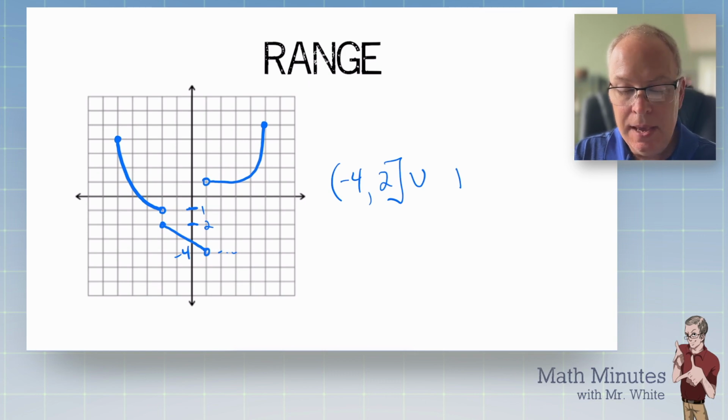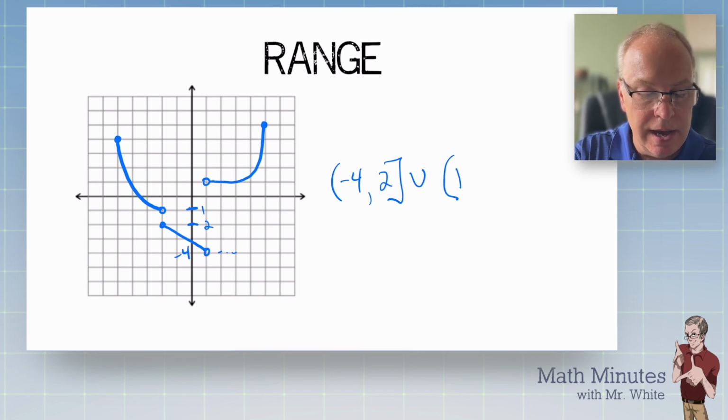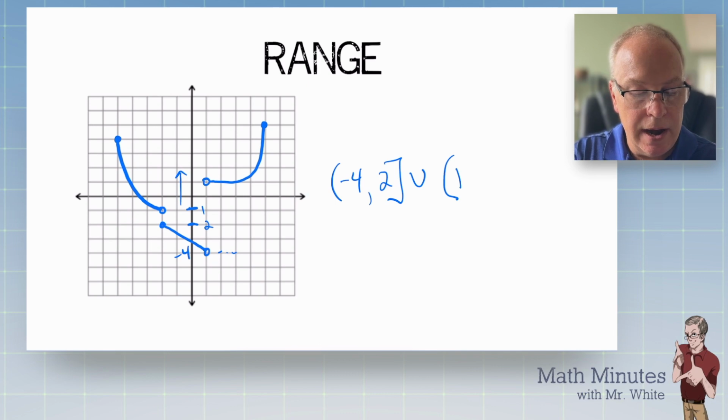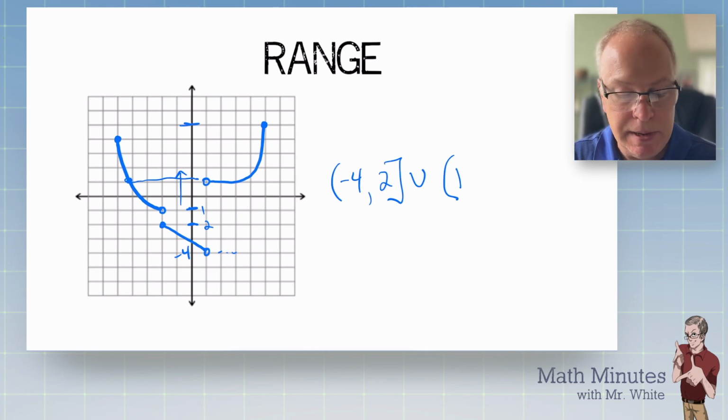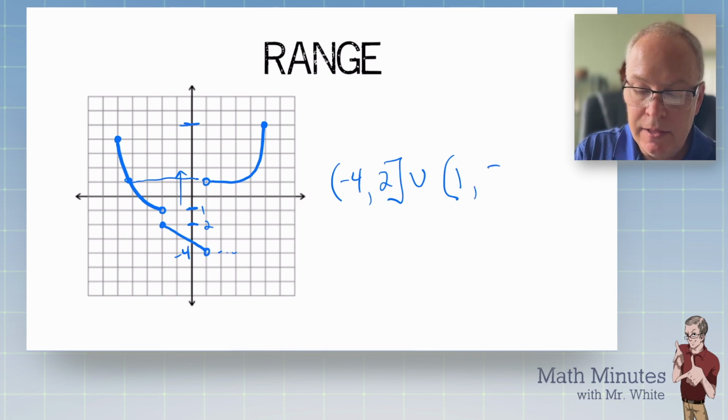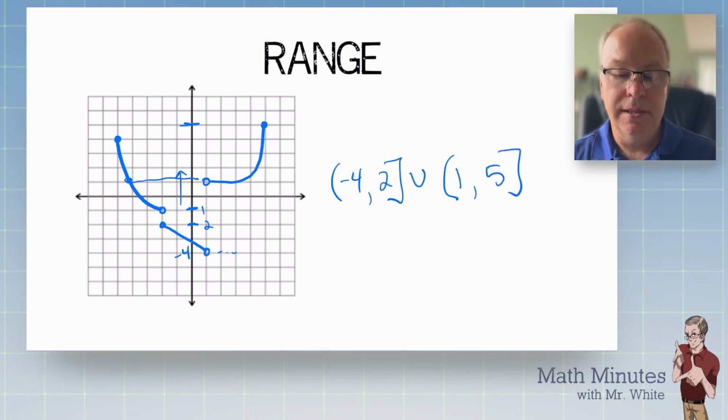You see that? And I have to put a parenthesis there because there's an open circle there. And then it keeps going up, and it keeps going higher and higher. You see how it does actually exist there. Keeps going higher and higher all the way up to this value right here, which is at its peak, which is 5, and that would be a bracket because this is a closed circle right there.